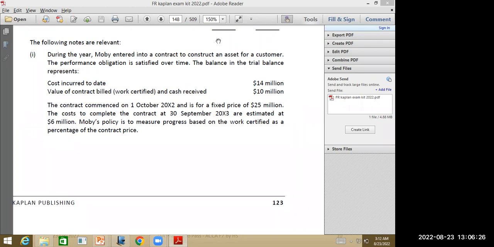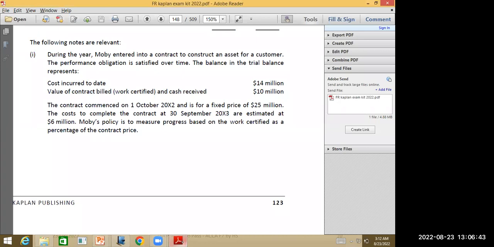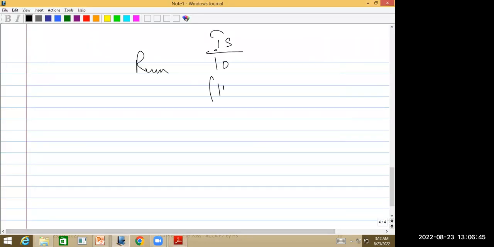So work certified to date is 10 million. So in the income statement, we need to book the revenue of 10 million. Cost incurred to date is 14 million.